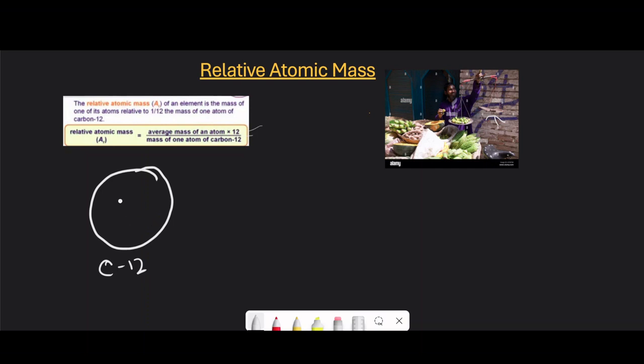And what we are going to do is divide it into 12 parts. You can also imagine that it's a cake or something, and we are going to divide it into, so there should be one more. So yeah, we have 1, 2, 3, 4, 5, 6, 7, 8, 9, 10, 11, 12.